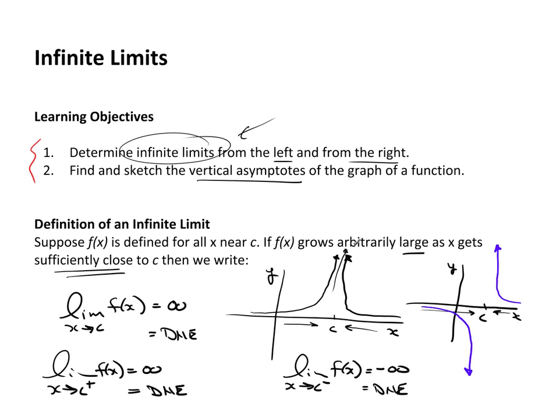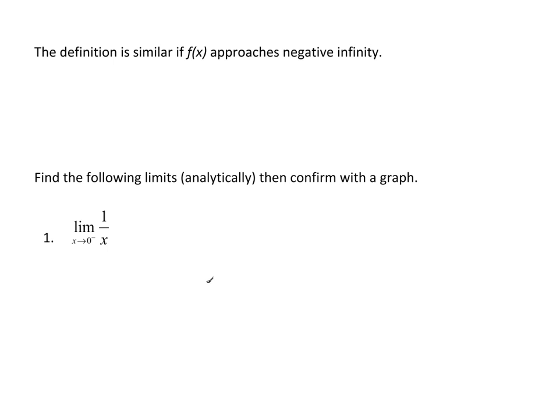So if we go to infinity as we approach c, then we say that the limit is infinity, doesn't exist. And we can have right and left hand limits go in opposite directions, which by itself tells you that the limit doesn't exist. From the right we could go to positive infinity, and from the left we could go to negative infinity. In addition, we can take a look at a similar definition if f of x approaches negative infinity.